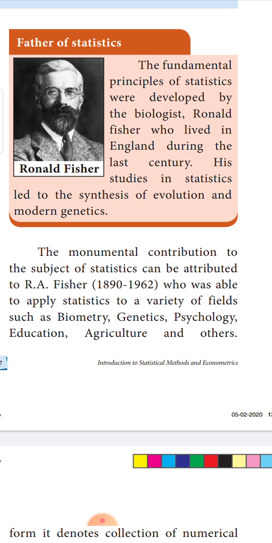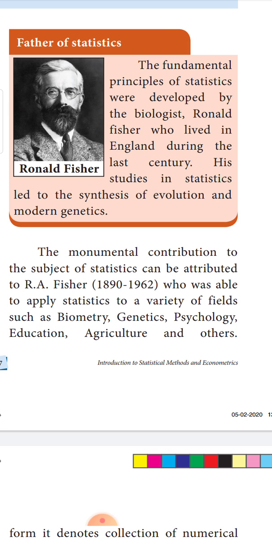His name was Ronald Fisher, and he belonged to England during the 20th century, and he studied the systematic evolution of modern genetics. Okay, so how evolution took place, how many years it took for the gradual change to take place with respect to modern genetics. So this was the first study which was based on statistics, and that too it was given by a biologist, not a mathematician or a statistician.